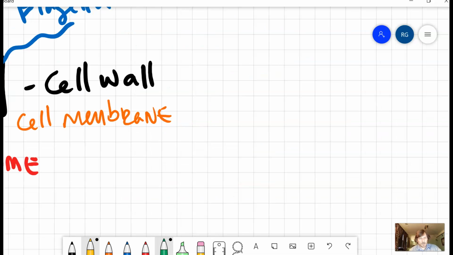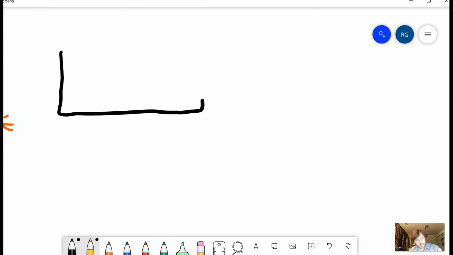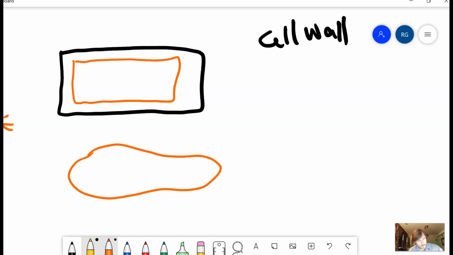When we get to the eukaryote, and we'll see a nice diagram in a minute, some have cell walls to the outside. Plants do, fungi do, dinoflagellates, diatoms. We have a lot of diversity, and diversity of compounds that make up the cell wall. Inside it, we have the cell membrane. Some have a cell membrane as the outer covering, like an amoeba.